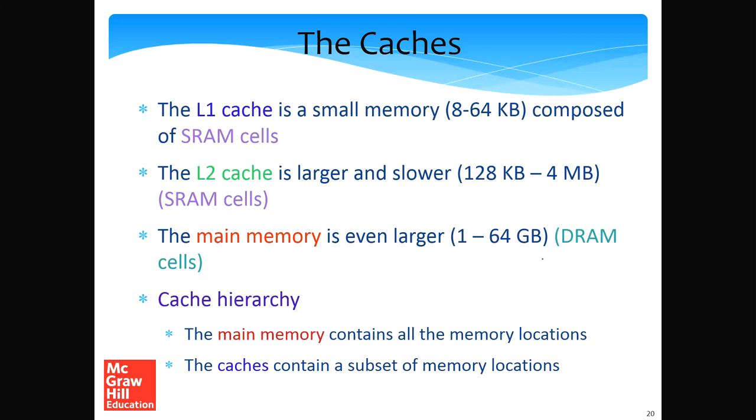So let's assume that in a system there are 2 billion, billion with a B, memory locations. The main memory will contain all of them, but the caches will contain a smaller subset. The L1 cache might contain a few thousand, L2 cache might contain a few million.